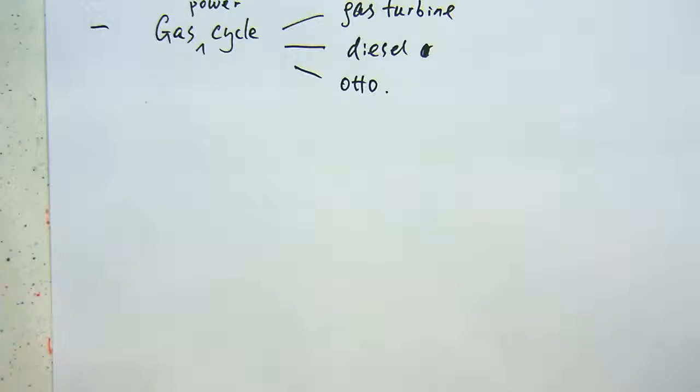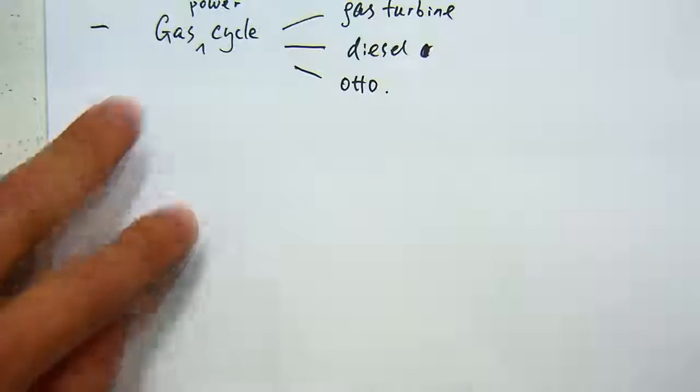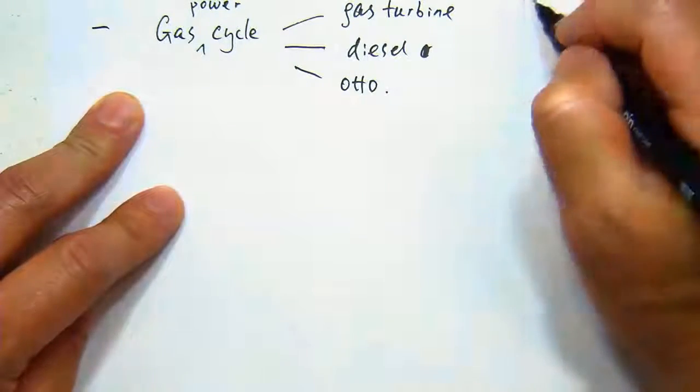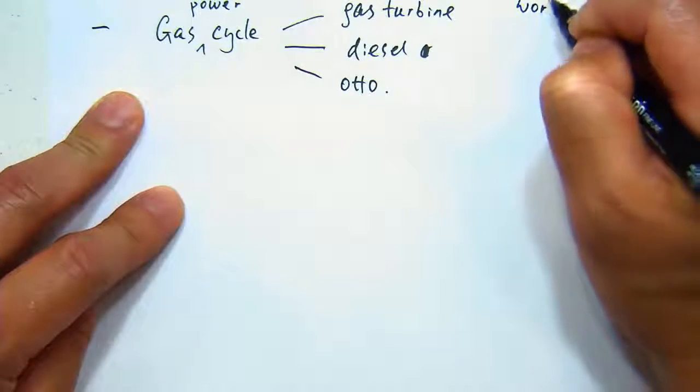But the common of this three type of cycle is called gas power cycle. So there the working fluid is gas. By gas we mean ideal gas. Right, and the purpose of this cycle is just to produce power. So the working fluid here is ideal gas.